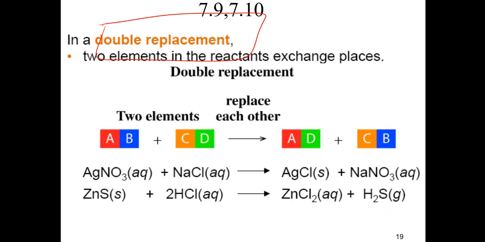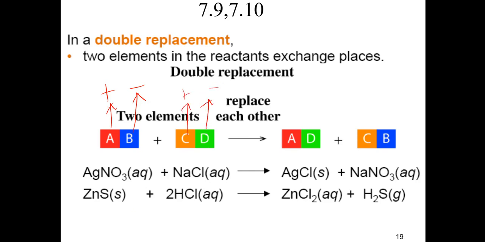Double replacement is when we're basically swapping. So here we're going to split apart A and B, split apart C and D, and we're going to swap. So A is going to go with D, and C is going to go with B. Now, a good way to think about this from an ionic compound point of view is that the starting species is always going to be positive, and the ending species is always going to be negative.